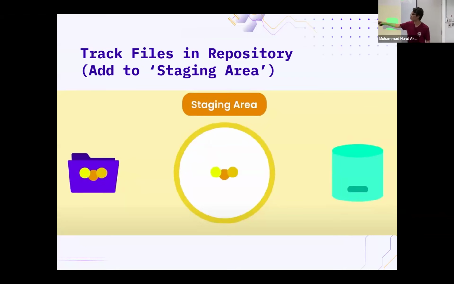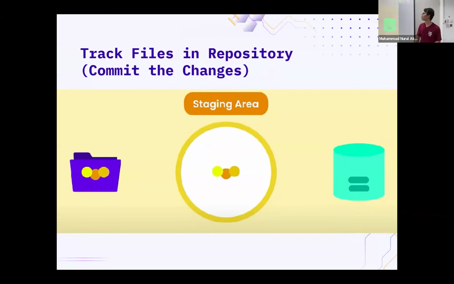You can add all of them to the staging area, as seen in the picture there. Then when you are confident enough that all your files are correct, that's where you can commit, and you have permanently saved everything that you have at that point in time in the local repository. And in future, you will be able to get back to it and recover everything in case there are some serious bugs.